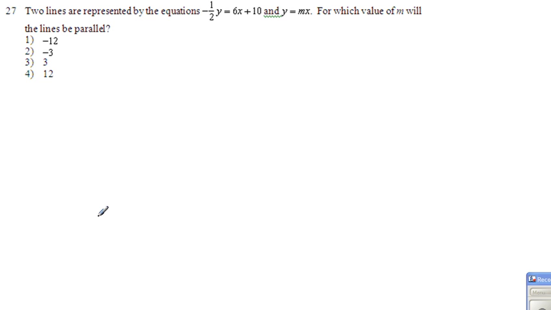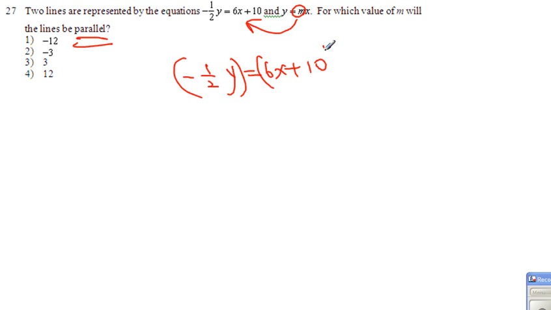All right, two lines are represented by the equation that's given. For which value of m will the lines be parallel? So once again, two lines that are parallel, that means the slope here must be equal to the slope that we get over here. So negative 1/2 y equals 6x plus 10. In order for us to get rid of negative 1/2, we will multiply both sides by negative 2.